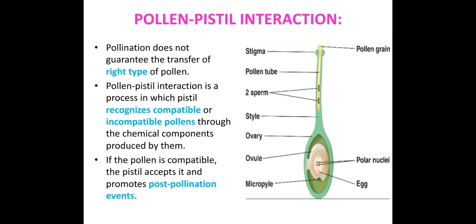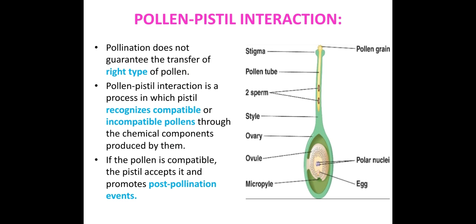So what is pollination? You know that it is the transfer of the pollen grain from the anther to the stigma of the flower. Pollination does not guarantee the transfer of the right type of pollen. If pollination is happening, that doesn't mean that a good quality pollen is pollinating.